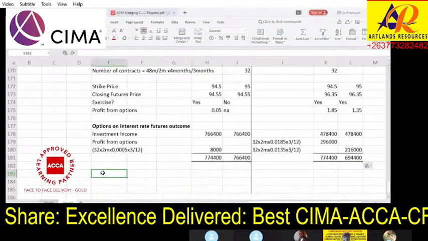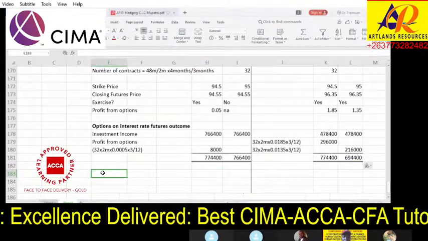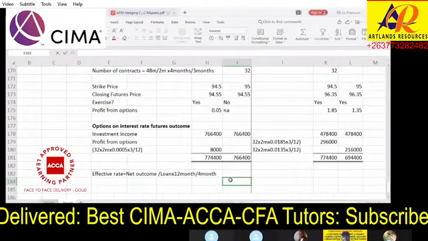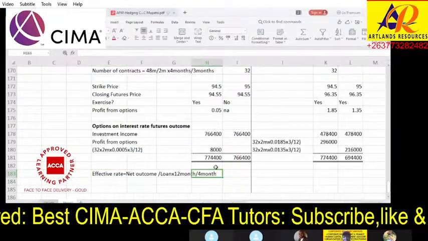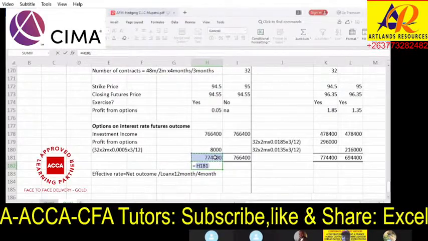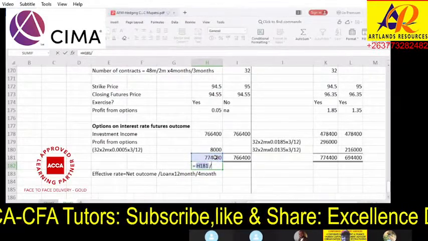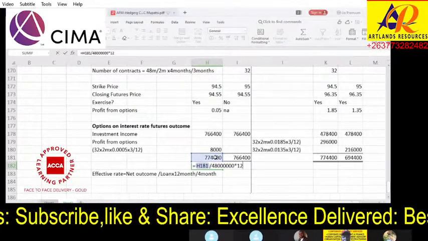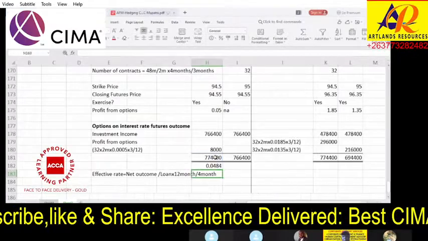Now you calculate effective rate. It's a matter of saying equals this divided by 48 million times 12 over loan period 4.